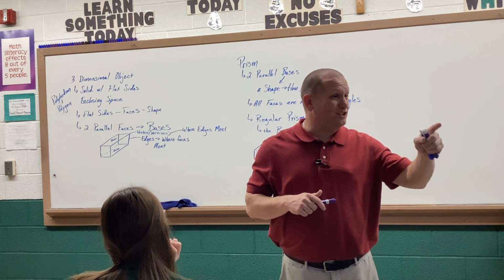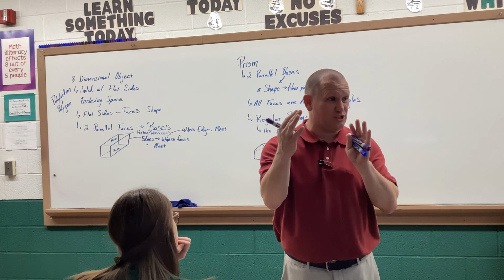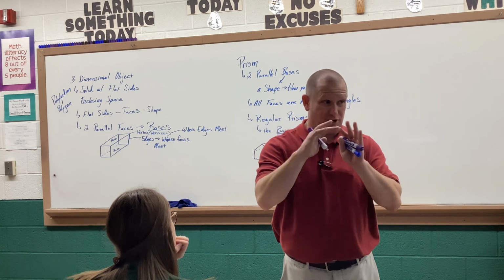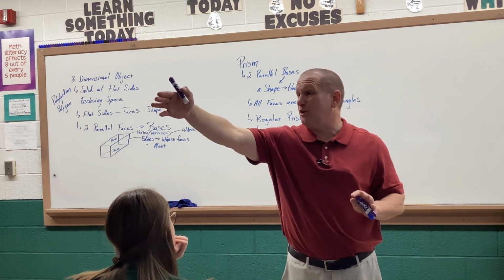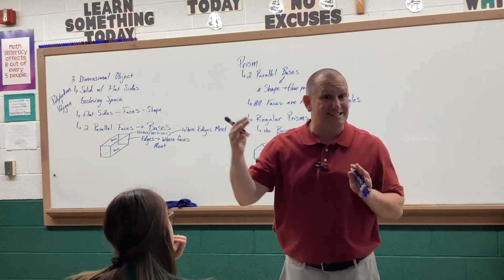So if it's a regular prism, the end sides that are a different shape than a rectangle are exactly the same. So if it's a regular rectangular prism, what do my ends have to be?